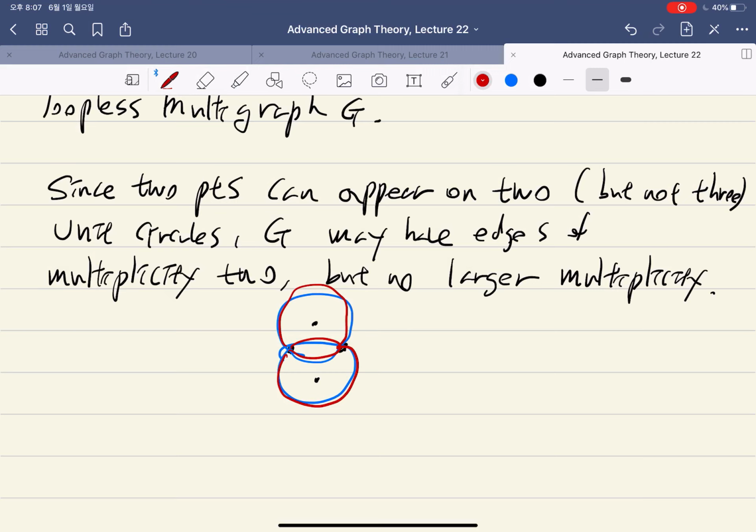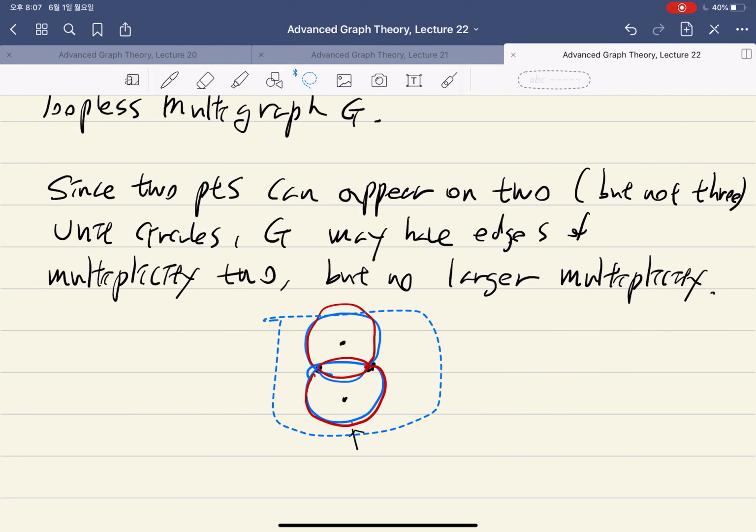But in such a case, if there are no more vertices here, then we can move the entire 4 vertices until one of them... let me think. Let's just say, yeah, multiplicity at most 4.